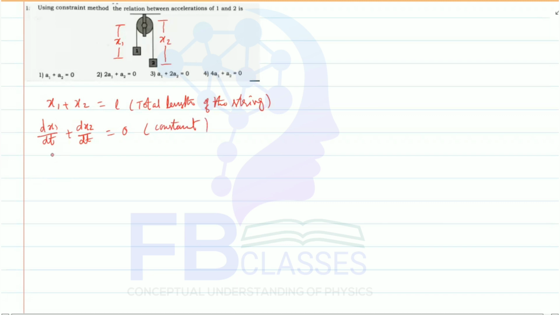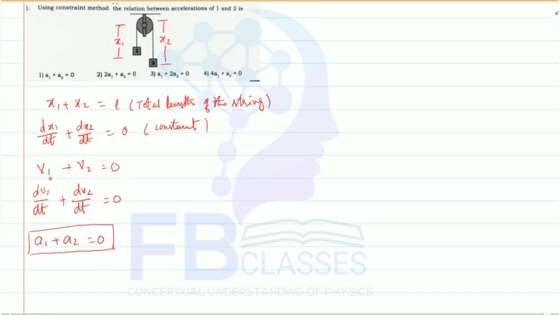So now dx1 upon dt becomes the velocity v1. So v1 plus v2 is equal to 0. If you differentiate again the velocity with respect to time, dv1 upon dt plus dv2 upon dt is equal to 0. So dv1 upon dt is a1 and dv2 upon dt is a2. So a1 plus a2 is equal to 0. So our first option is the correct option.